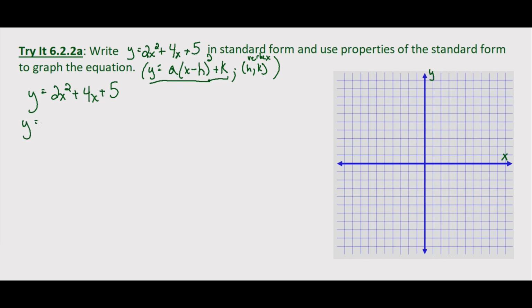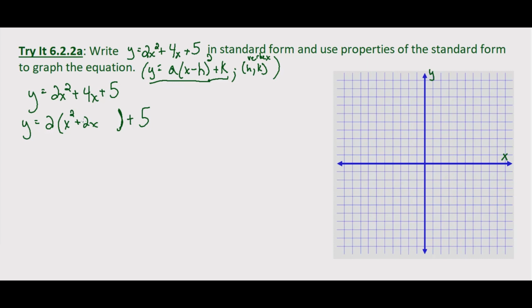Well, again, we're going to complete the square here. What that means is we're going to factor out whatever common factor we have with the 2x squared and 4x terms' coefficients. We have 2 and 4, which means they share a common factor of 2. So we're going to take that out, and that's going to leave us with 2 times x squared plus 2x, let's leave a space here, plus 5.